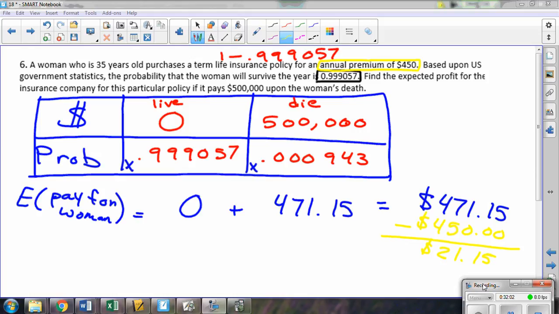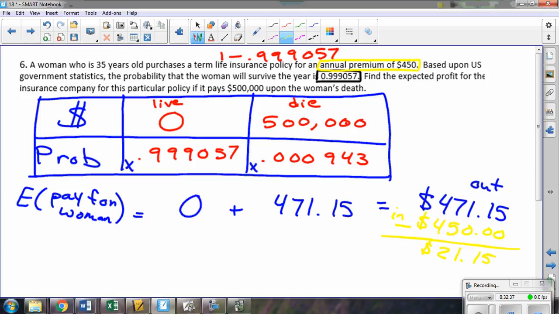Now, you will notice that up to this point, I have avoided a lot of the negatives, because in the end, we will focus on just a single negative right now. Did the insurance company make or lose money here? They lost money, because you have to pay out $470, but you only bring in $450.